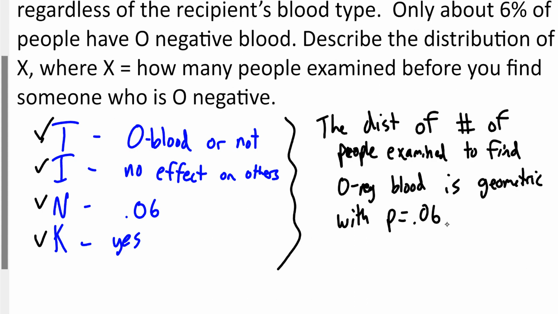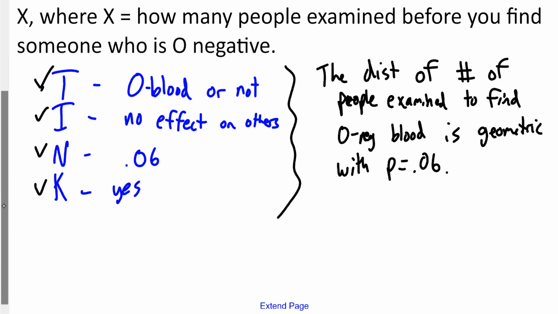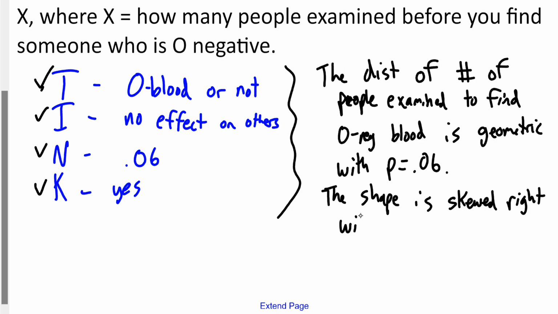Now I'm going to keep going, because if we know it's geometric, we can say the shape is skewed right, with a mean of 16.67 people.